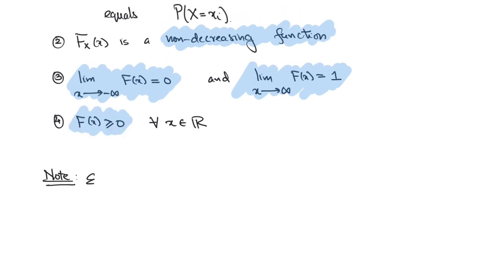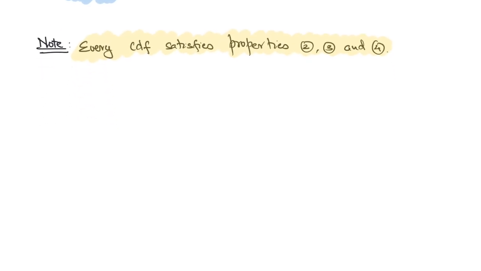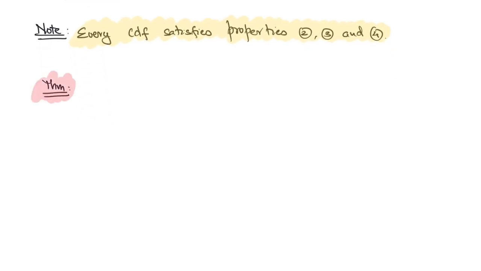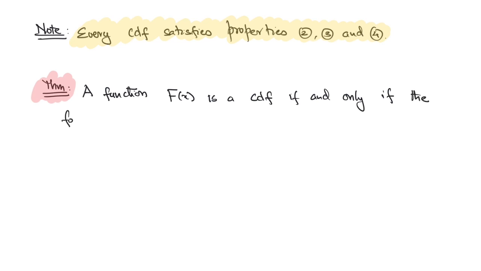Every CDF satisfies properties 2, 3, and 4, and in fact, these help us define a general CDF. So we state a theorem which states that a function F(x) is a CDF if and only if the following three conditions are satisfied.